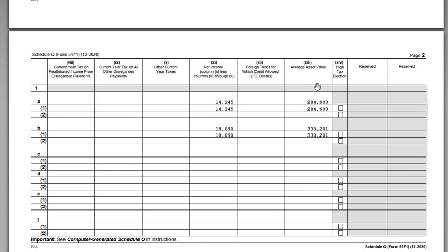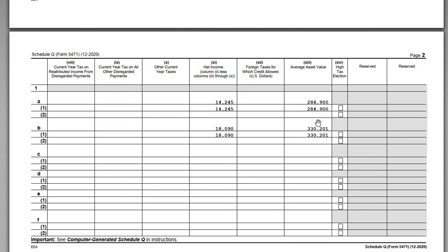And then the last column here, average asset value. This is really only necessary if you have payments made up to the CFC that are disregarded. We've entered this information here, but it will largely be irrelevant because we don't have any current year tax on disregarded payments, right?